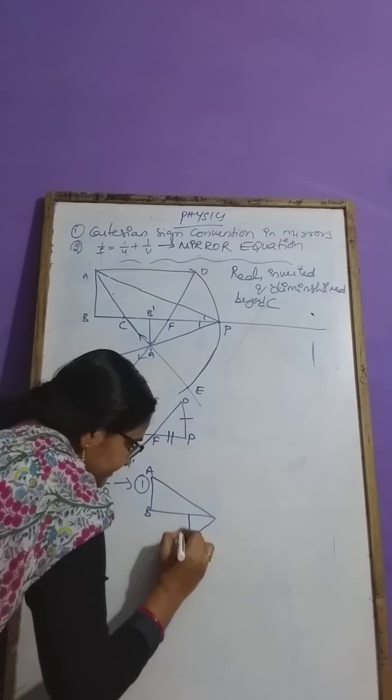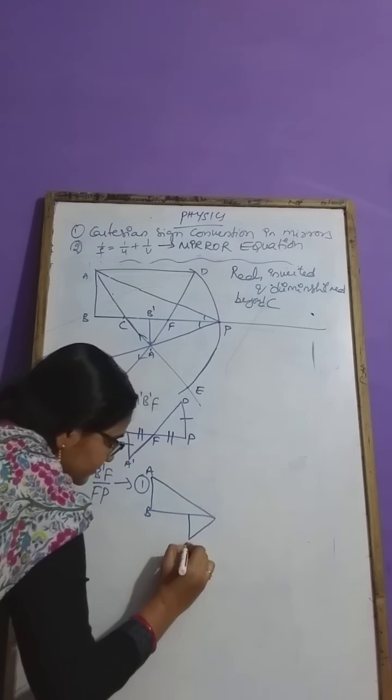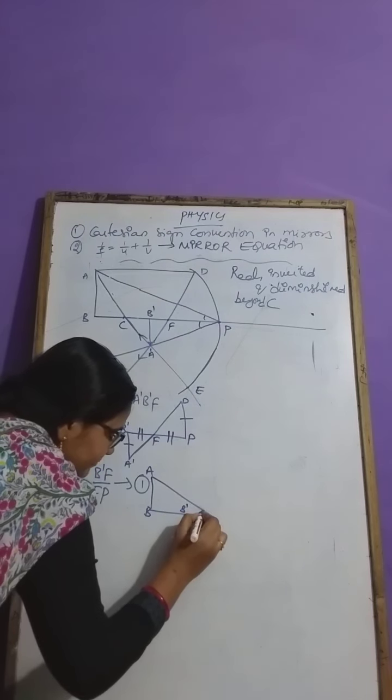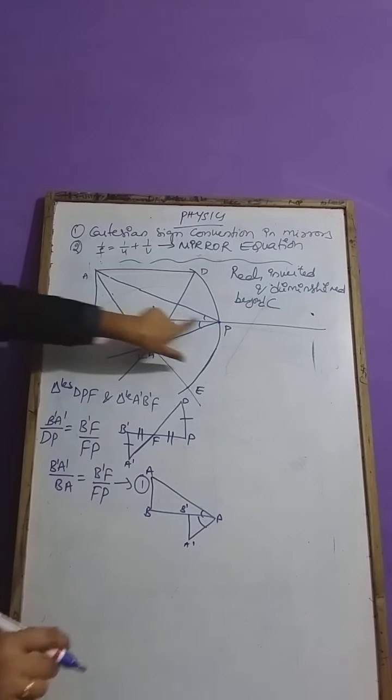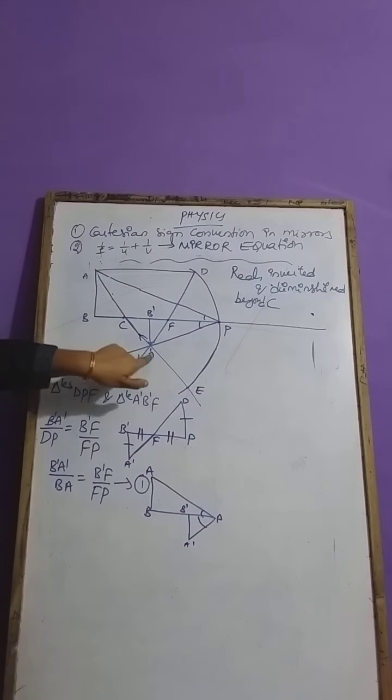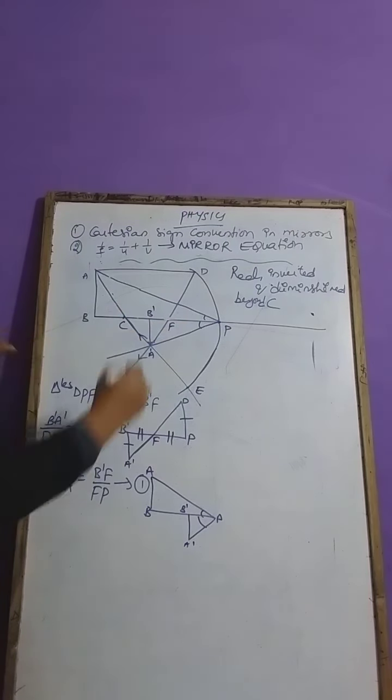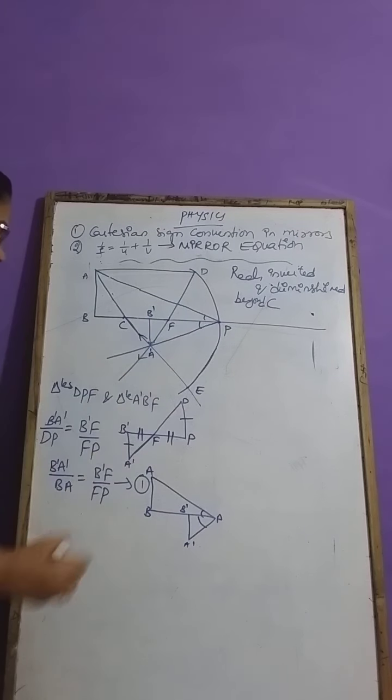These two triangles are the same. This is P. ABP is one triangle, and A dash B dash P is another triangle. So then obviously the same thing happens: the ratio of their sides.